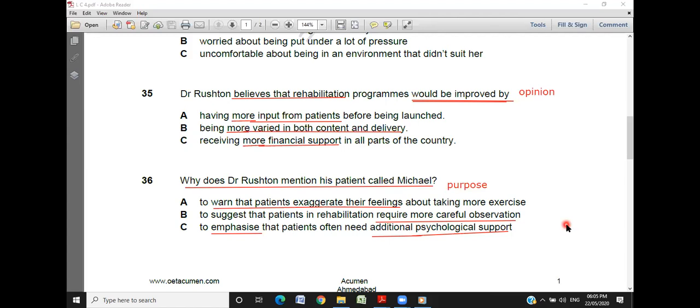Finally, I'd like to tell you about one of my own patients. Let's call him Michael, who was diagnosed with coronary artery disease at the age of 52. After surgery, he totally lacked confidence. Every little ache and pain he experienced made him think that there was a new problem with his heart, and this held him back from resuming normal physical activity, let alone taking on a rehabilitation program.